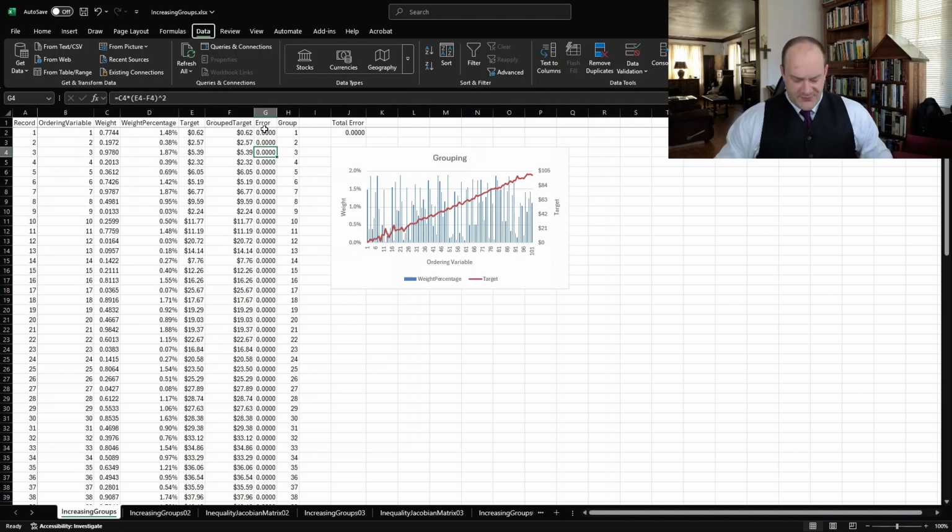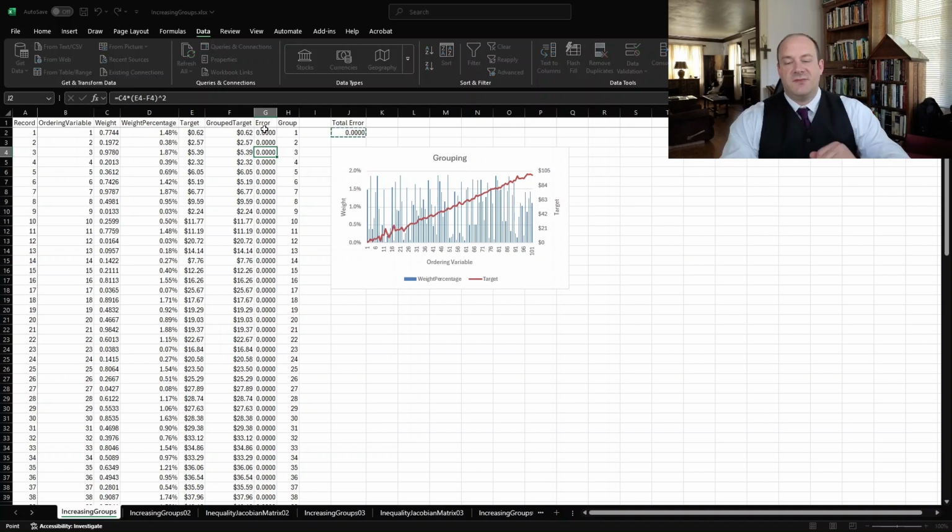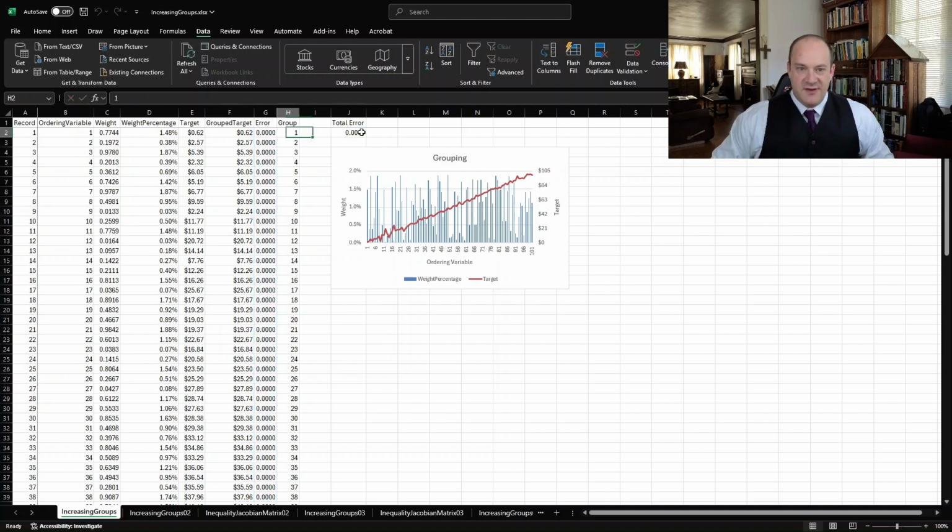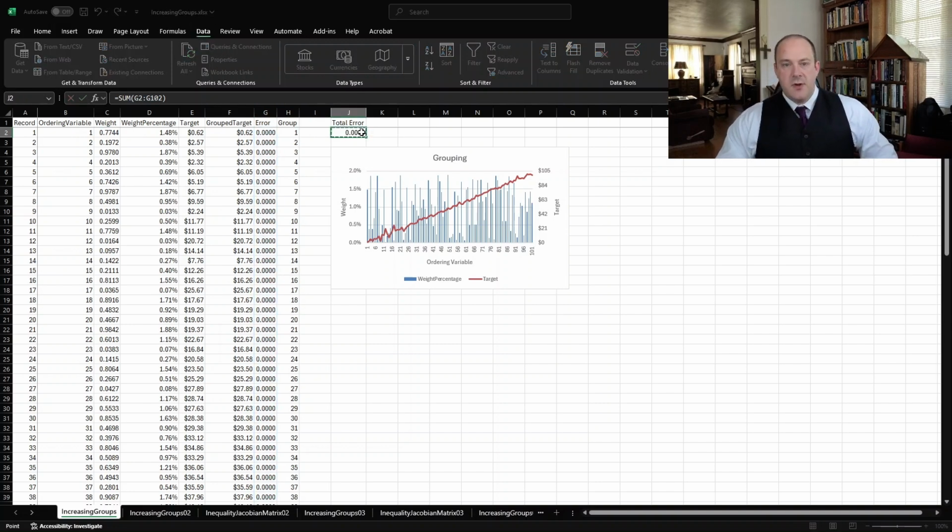Well, we have our good friend, Mr. Solver, here in Excel. And so we say, okay, the total error, just real briefly here, is the sum of the individual errors. Each of these individual errors is weighted by the weight for that record. So that's the sum of them. And so we are going to minimize the total error.